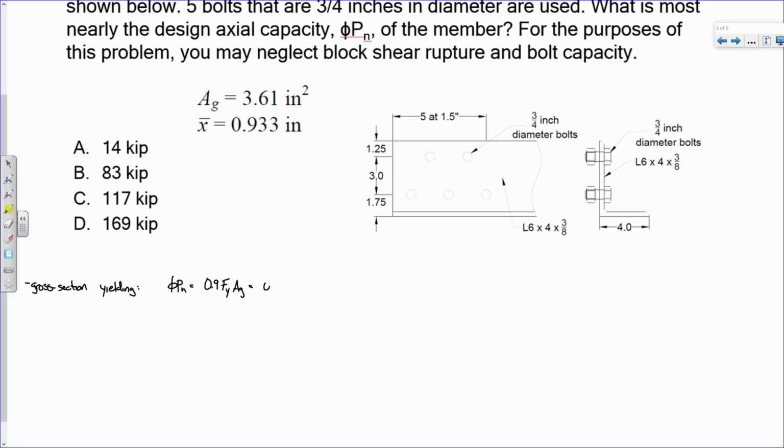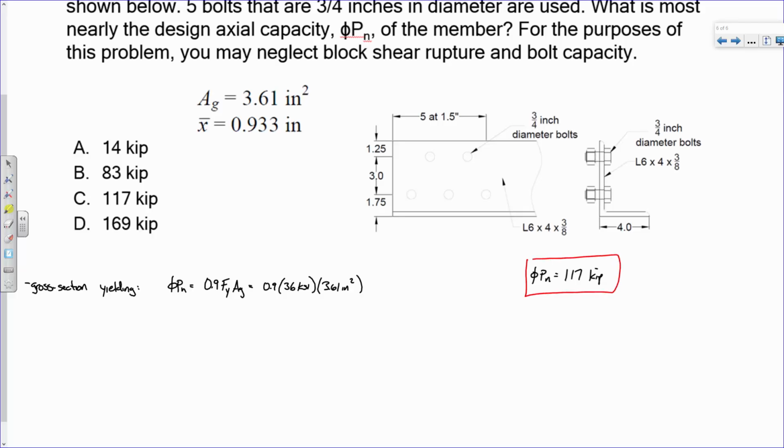So 0.9 times 36 KSI times, they gave us the Ag, it's right here, 3.61 square inches. Somebody give me a value on that. It's about 117 kips.